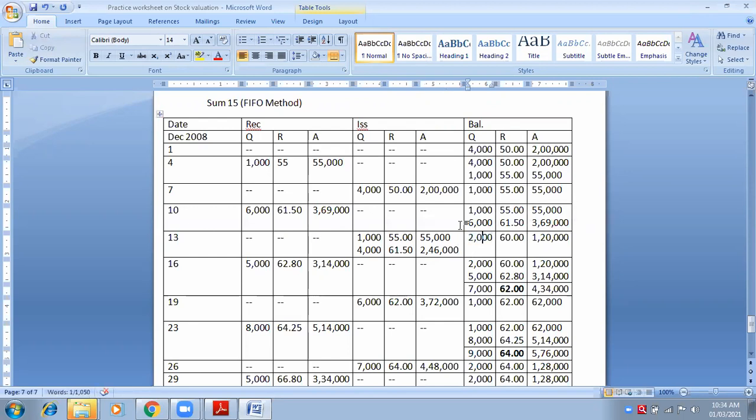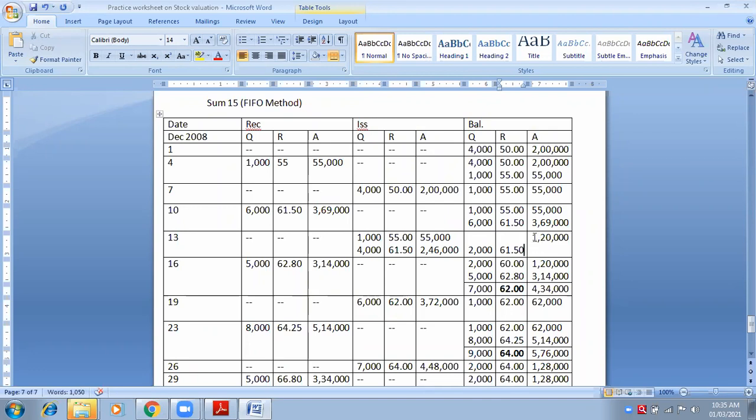Very simple. 1,000 is already finished. It is gone, so 1,000 minus 1,000 is 0. Now next, out of 6,000, 4,000 is gone. So how much is left over? 2,000 at the rate 61.50.